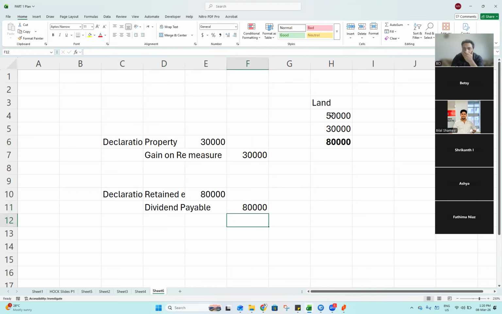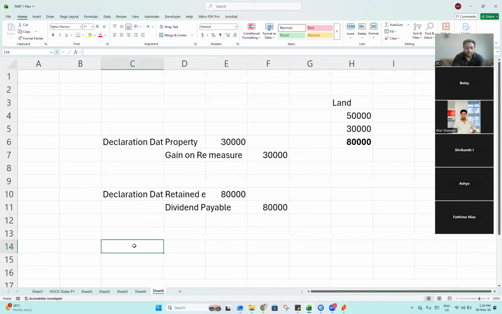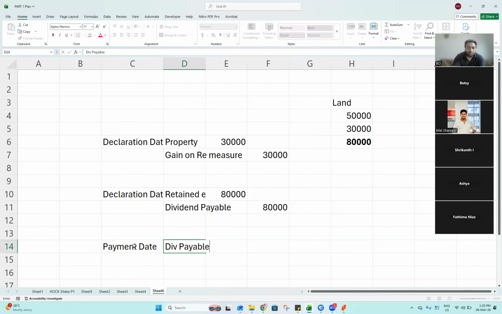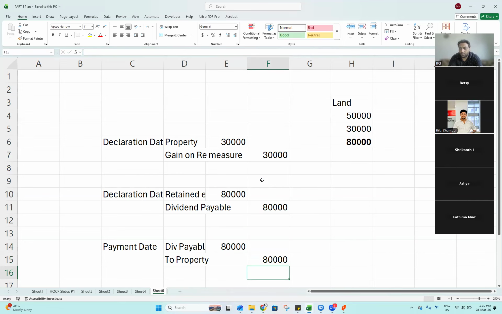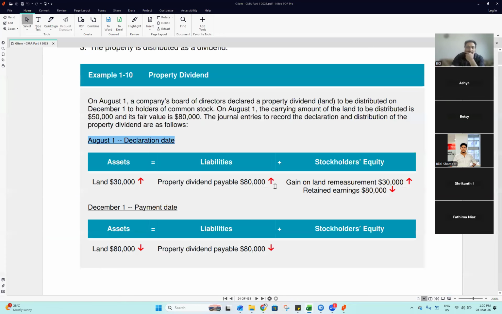Clear? Yes. And on the payment date, the entry will be dividend payable debited to property, 80,000. Clear? Yes. All good? All good, yeah.